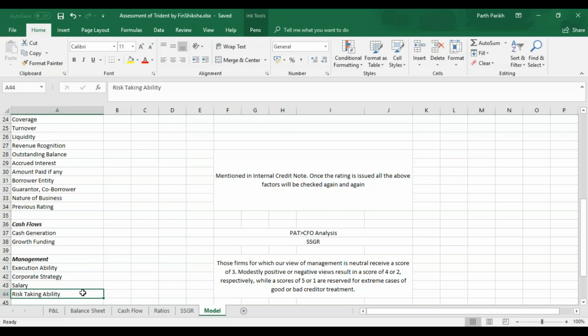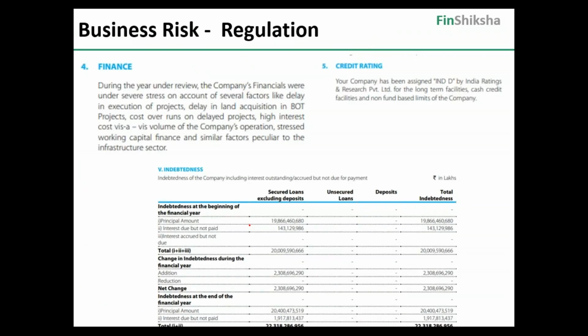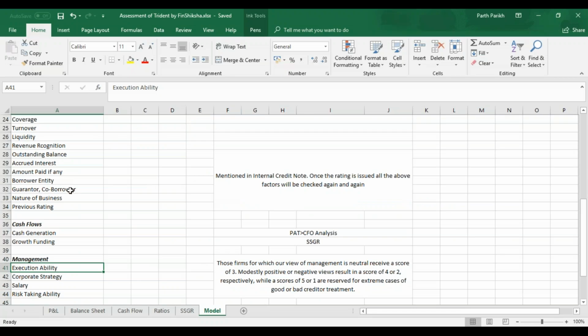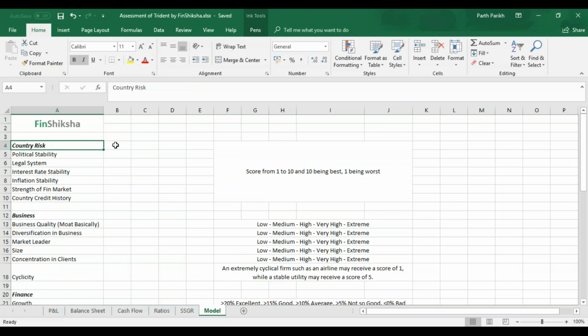Salary we have covered, risk taking ability and execution ability, which we have covered. Now coming to the business risk. So country risk will be standard for all the companies which operate in India. Now we have seen the management risk. Now we will see the business risk.